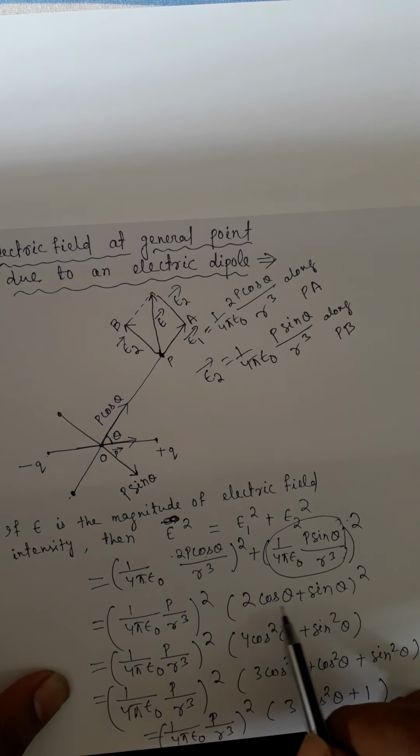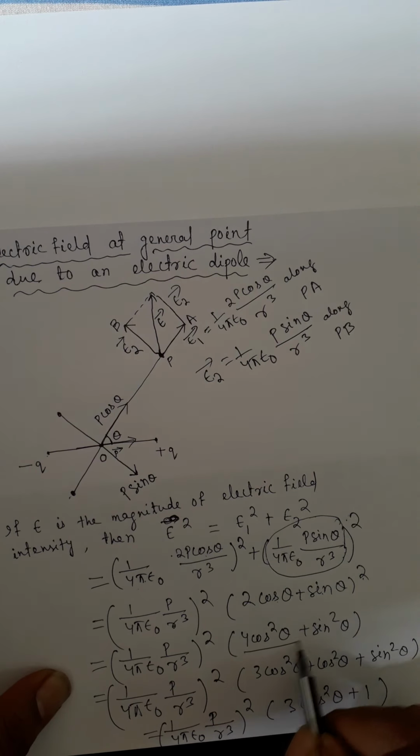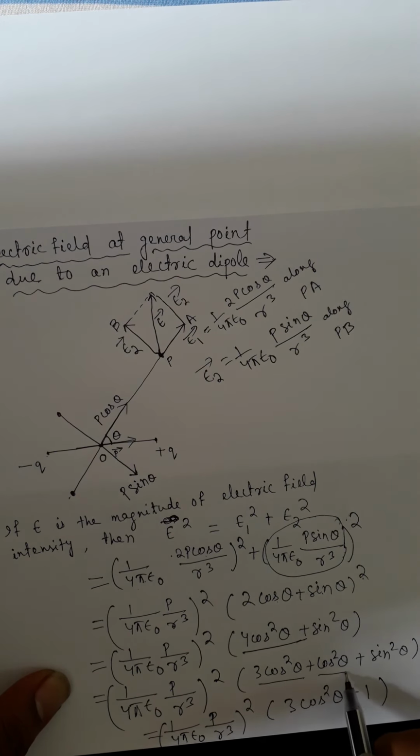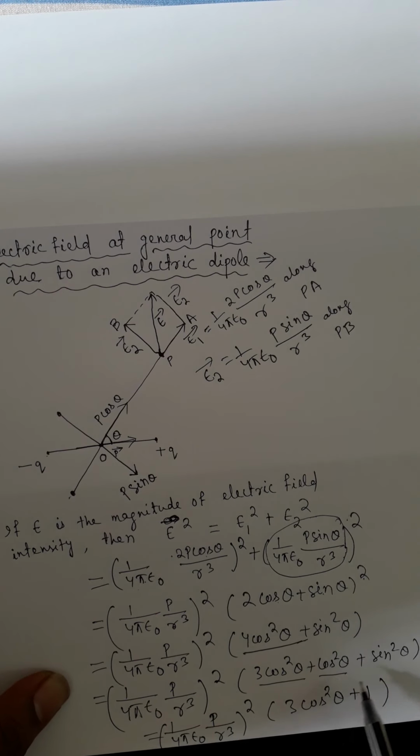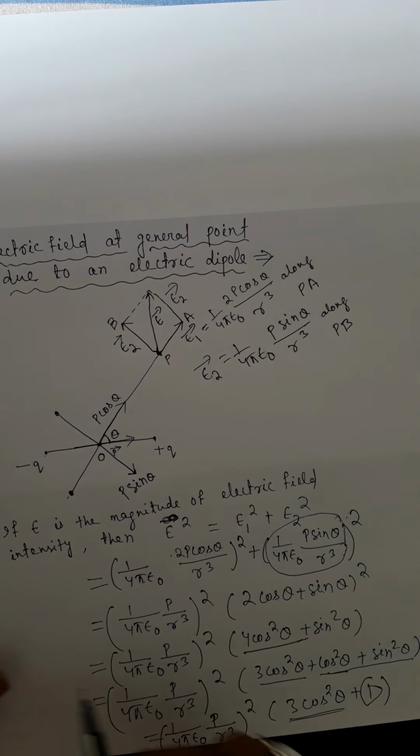So it will be 4 cos square theta plus sin square theta, and again we can split 4 cos square theta into 3 cos square theta plus cos square theta, so that cos square theta plus sin square theta will be 1 and the rest will be 3 cos square theta.